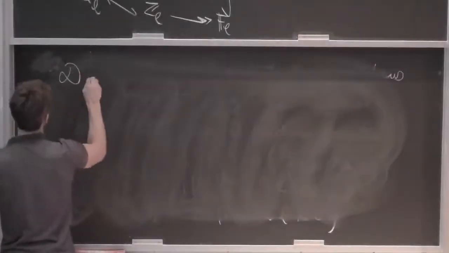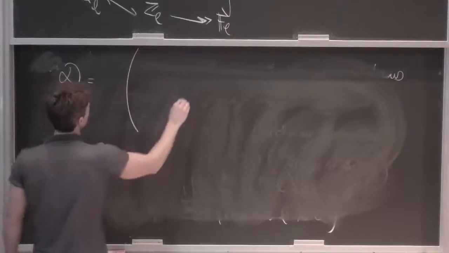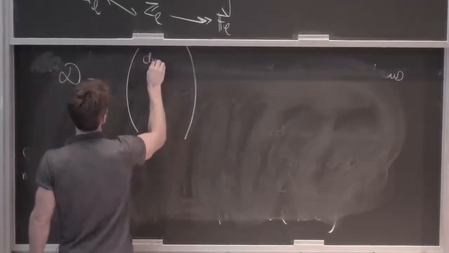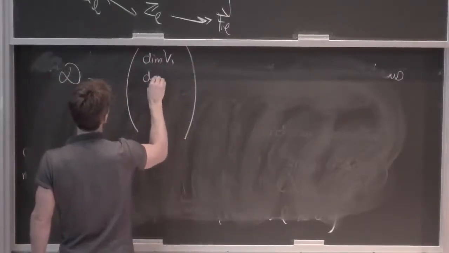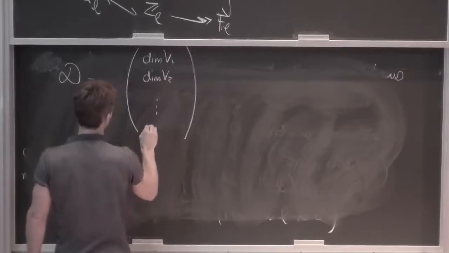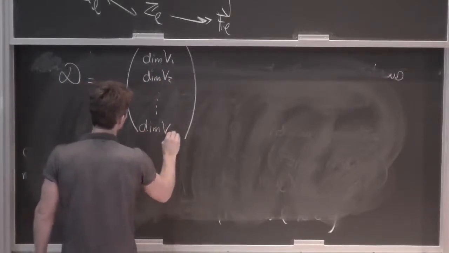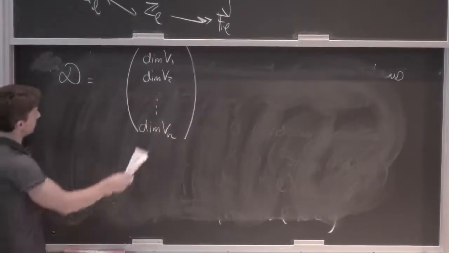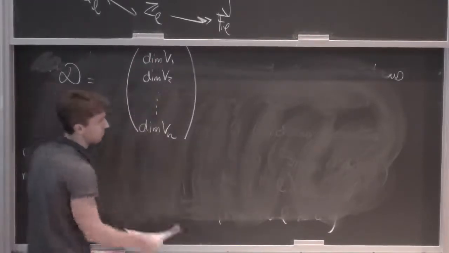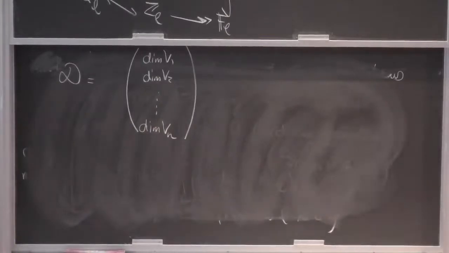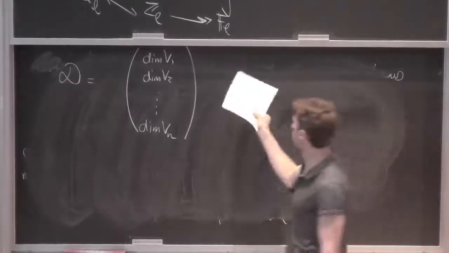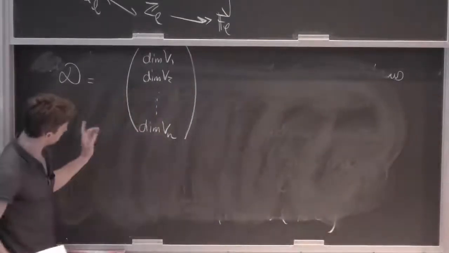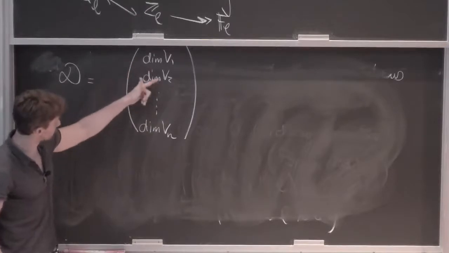So the decomposition matrix will be just something like dimension of V1, dimension of V2, and so on, dimension of Vn. Okay, so just one column. And you can either see this column as the character of the unique projective indecomposable module, KG. Or you can see each of the rows as the L-reduction of any representation V1, V2 up to Vn.